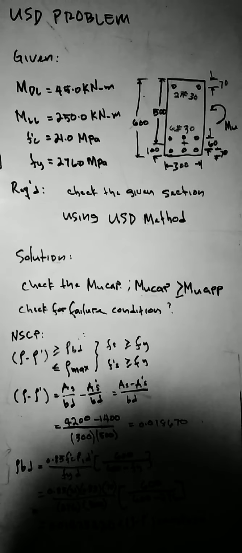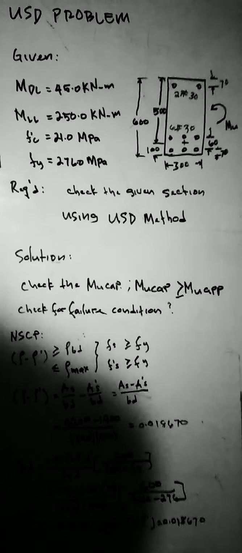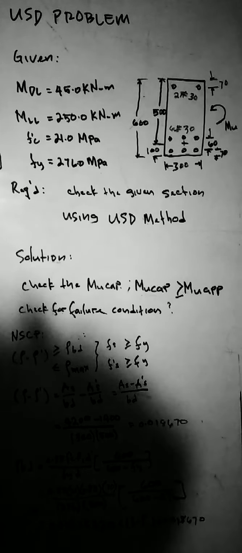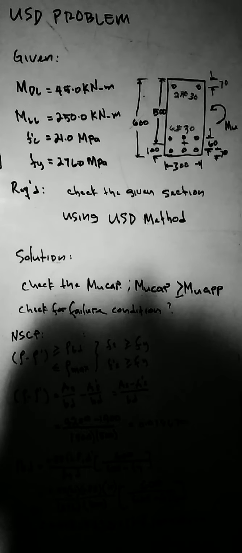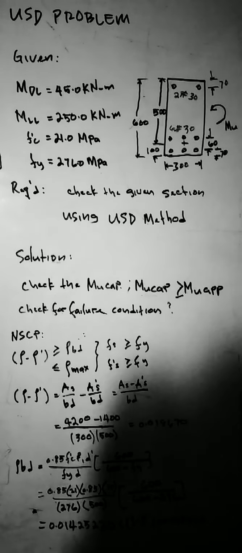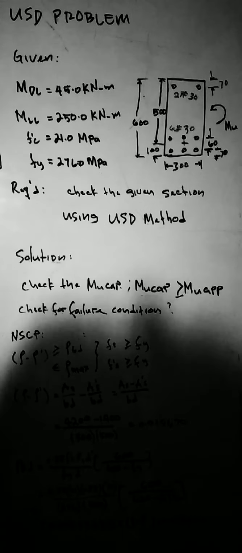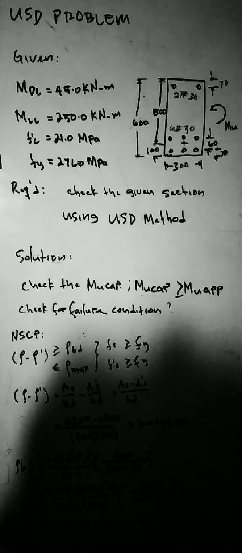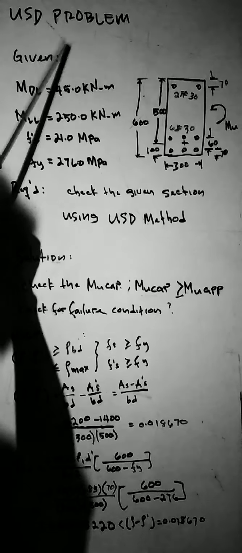We also discussed the 3 failure conditions, and we discussed the specification as well as the theoretical method of determining if the section is tension failure or compression failure. And tonight we have the sample problem, USD ultimate stress design problem.